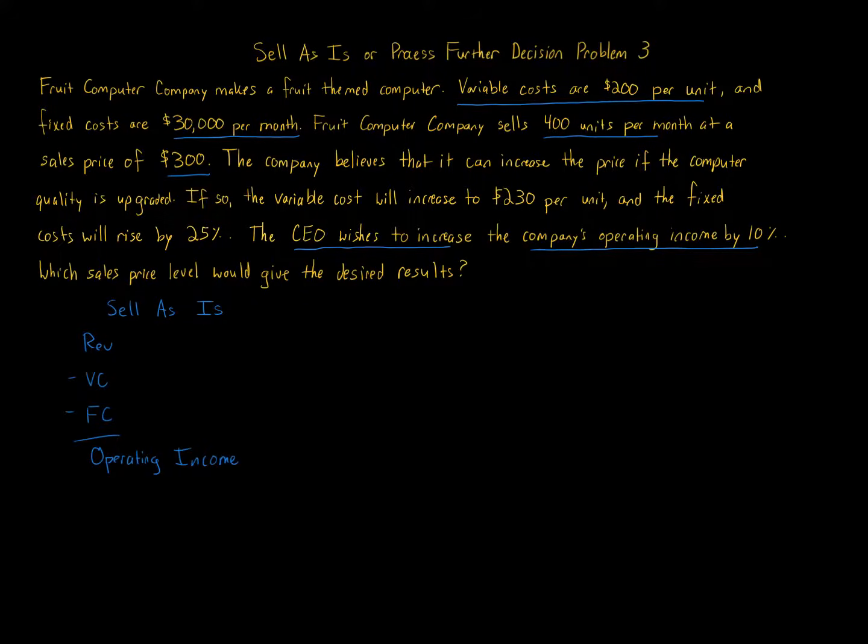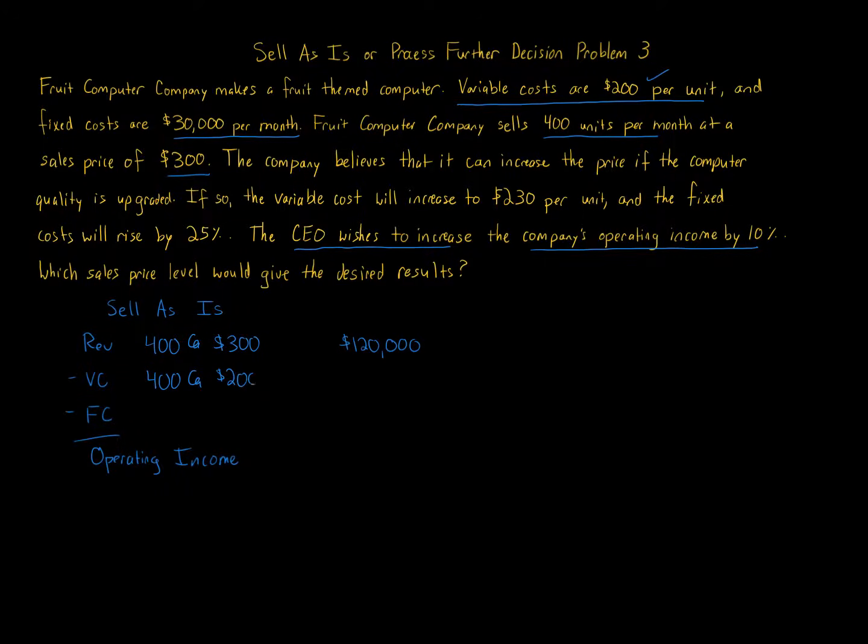For revenue, we're selling 400 units at $300 per unit. That's going to give us $120,000. We're going to subtract away the variable costs. Again, 400 units, and the variable cost is $200 per unit.